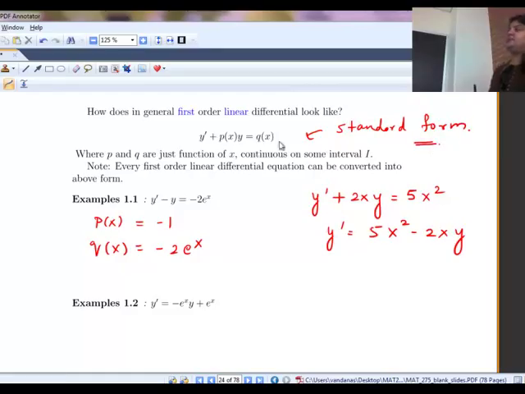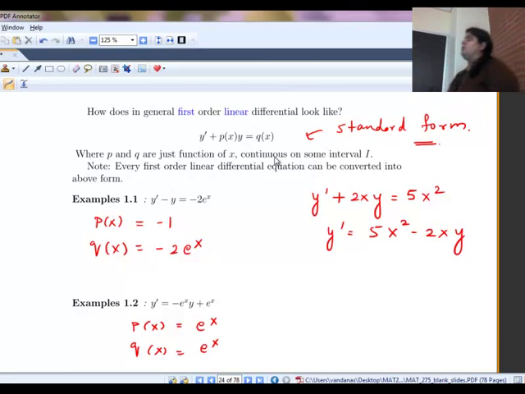In order to understand the solution process of this differential equation, we always try to emphasize keeping this p(x) on the left hand side to be on the safer side, so that we don't make any mistake in the signs. Okay, so p(x) is this, q(x) is this. What is p(x) here? q(x) is also e to the x, right? Okay, so this is the standard form of a linear first order differential equation.